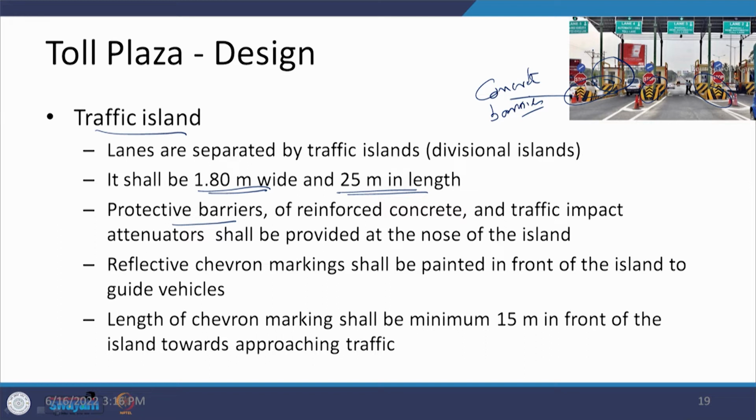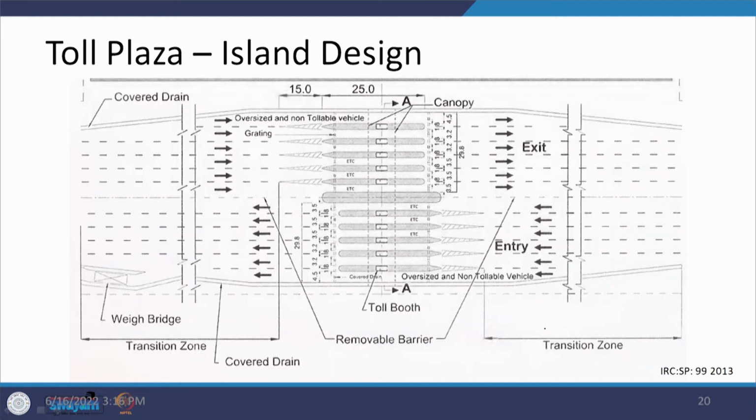The nose is also being protected by object markings, by way of chevrons. So, reflective markings or chevrons are going to be provided, and they are a minimum of 15 meters long in front of the nose of this island. So, we can see here that we have this island.